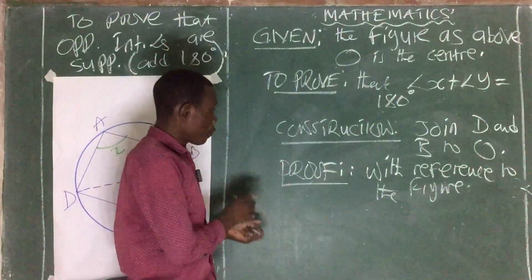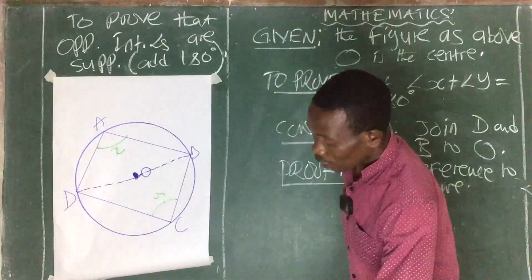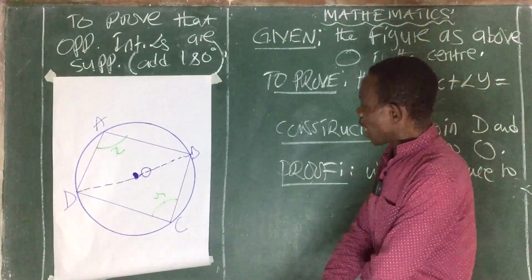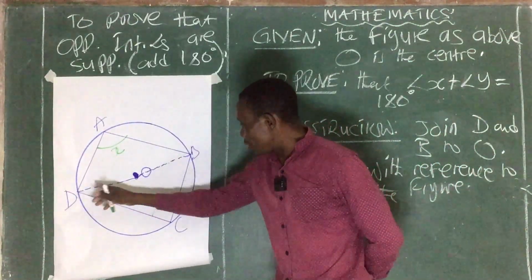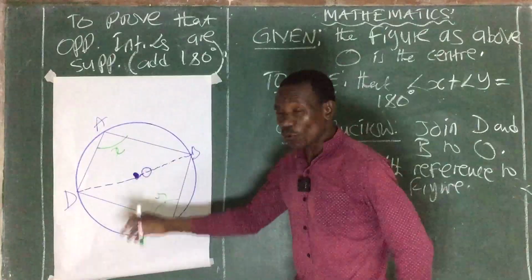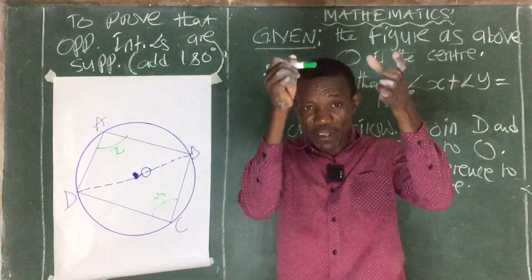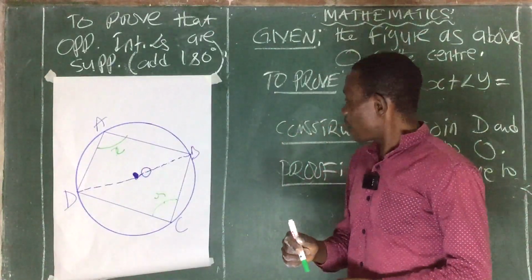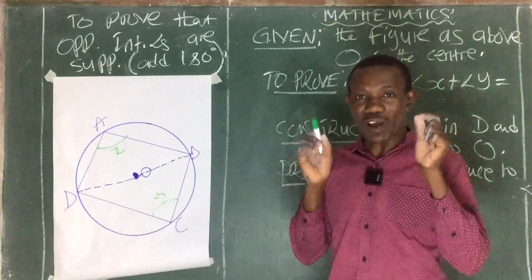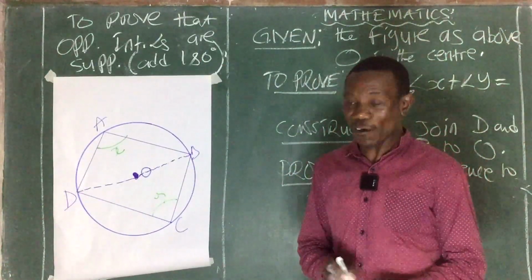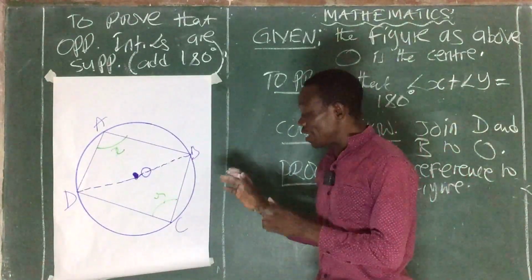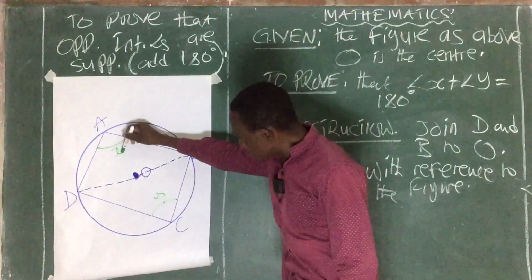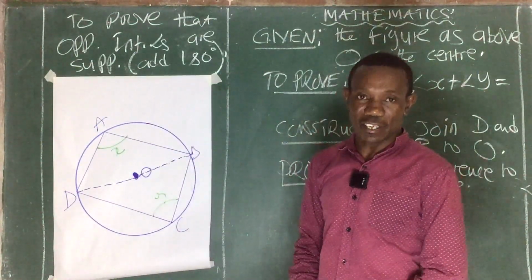I have got this figure here and I've done the construction joining D to O and B to O. You're going to realize that the properties we discussed, more especially the first one, that angle at the center is twice angle at the circumference, is true here. And that is the property that will help us prove that this plus this is 180 degrees.